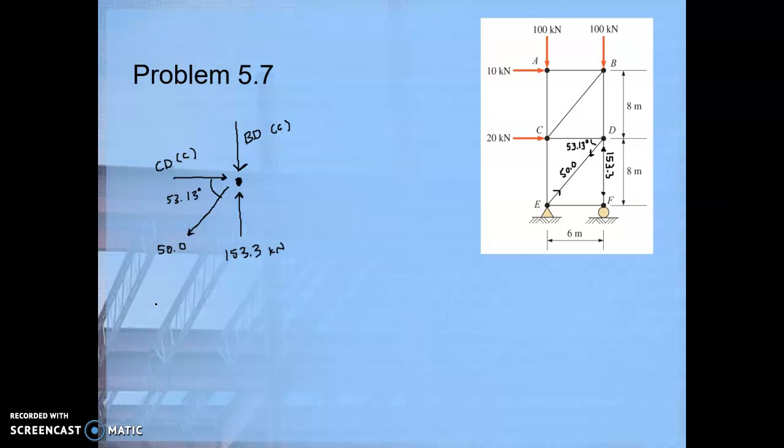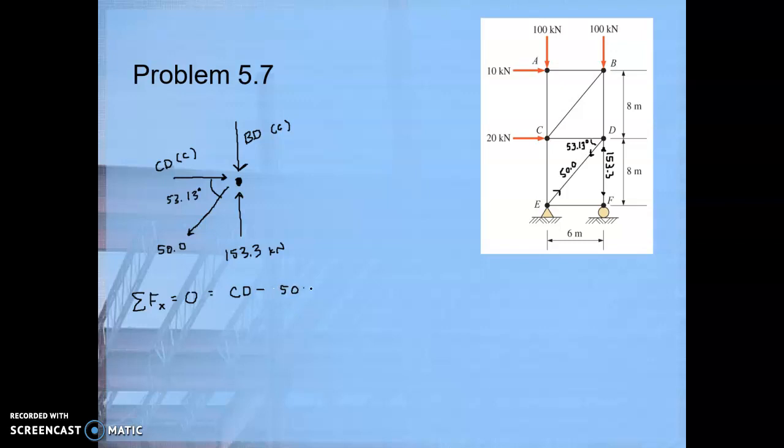And then we can begin to solve for our unknowns. In this case, it doesn't really matter. There's no clear benefit to doing X or Y first. So I'll just say let's do X because it comes first alphabetically. So the forces in the X direction include CD, that unknown compression force in the horizontal member, minus the horizontal component of our force in ED.